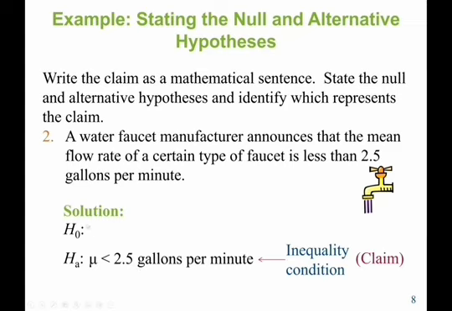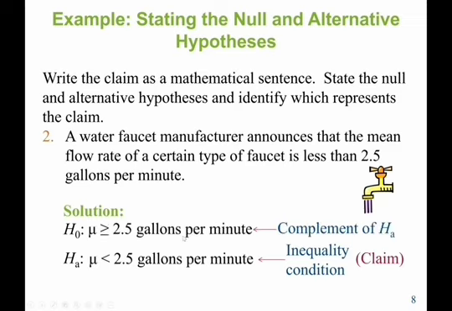Remember, H0 will have to be equality, either greater than or equal, or less than or equal. So in this case, our answer will be greater than or equal, because if we have less, then we should have greater or equal. So that would be the H0. Again, H0 and HA are complements of each other.